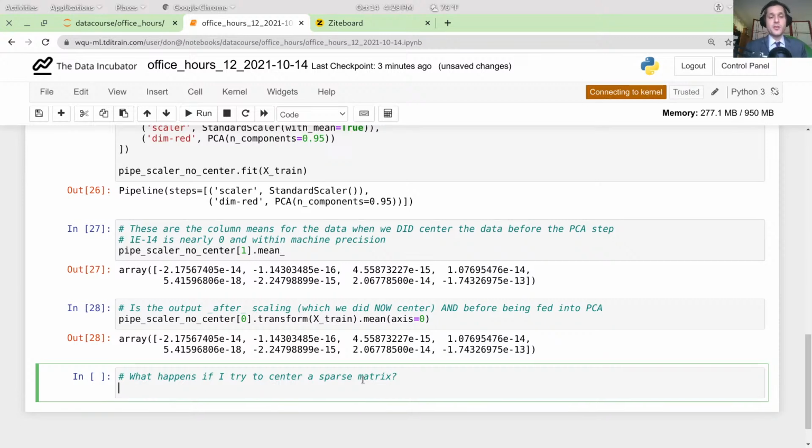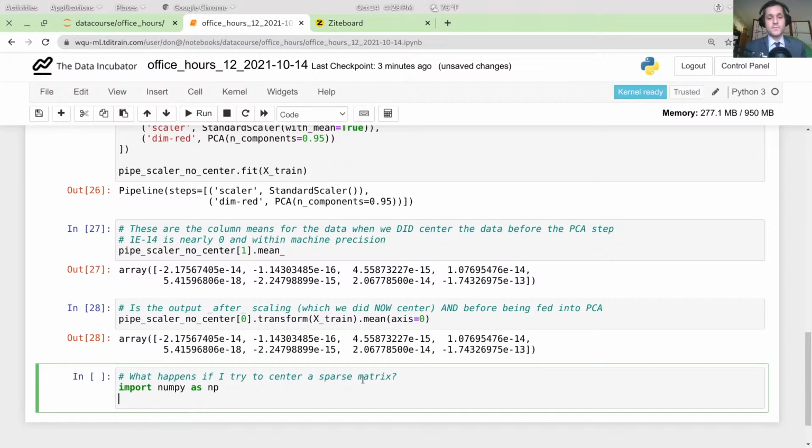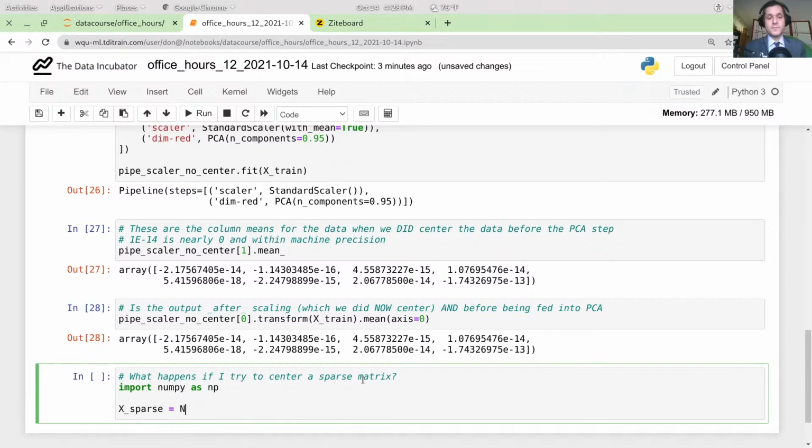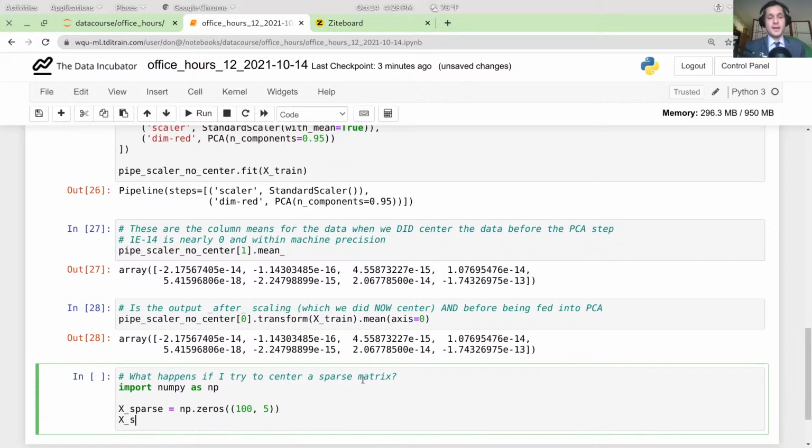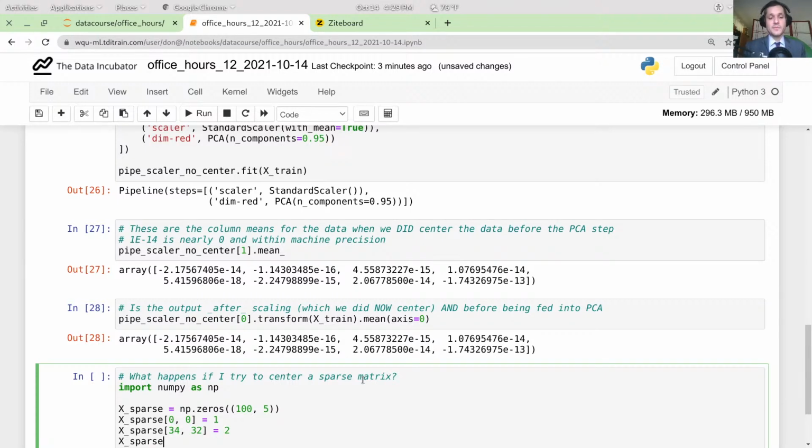In fact, let me try to create a sparse matrix. I would say, give me a NumPy array that is nothing but zeros, 100 by 5. And I will change a couple of those values to be something else besides 0.